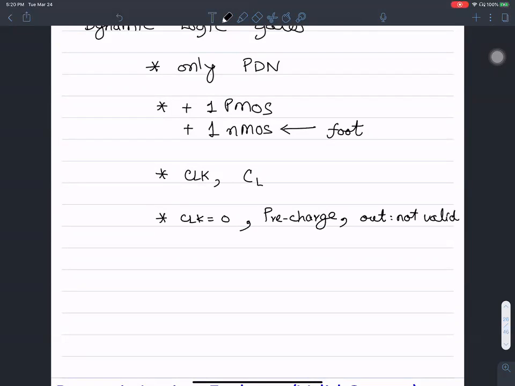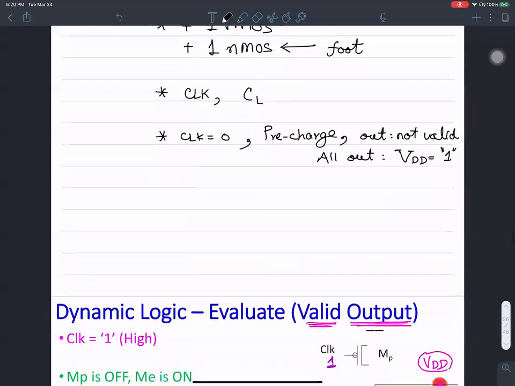As a matter of fact, all outputs are charged to VDD, or logic 1.